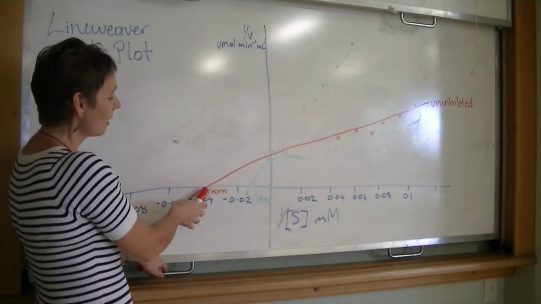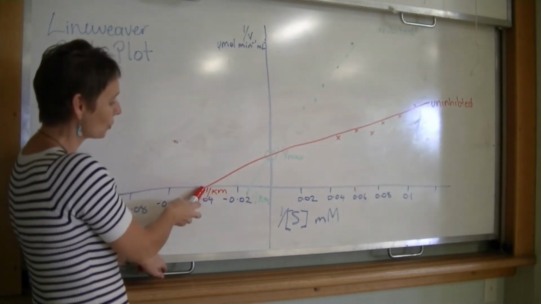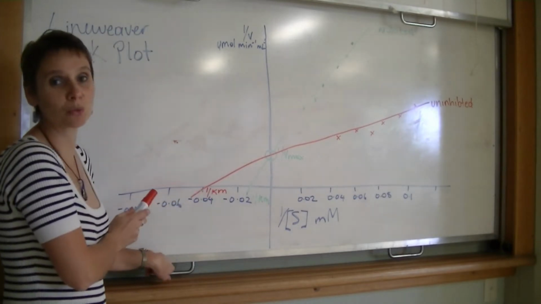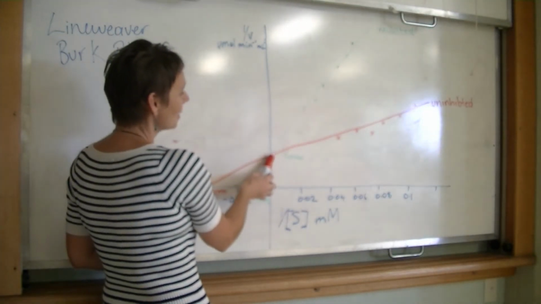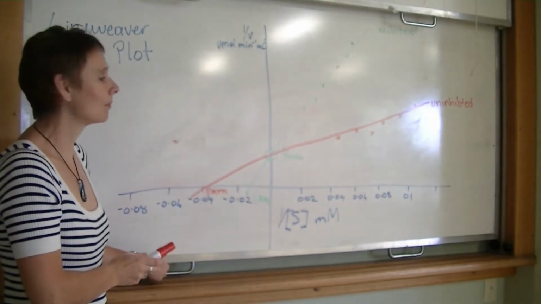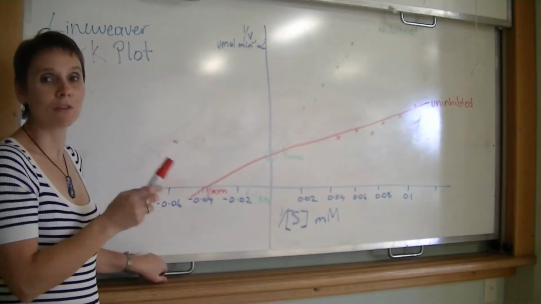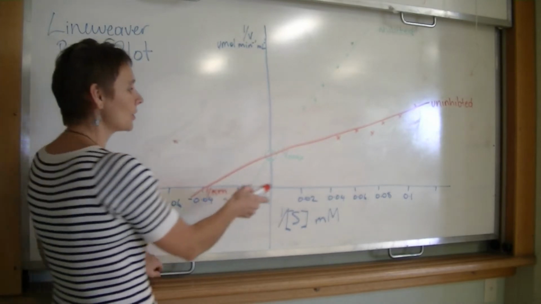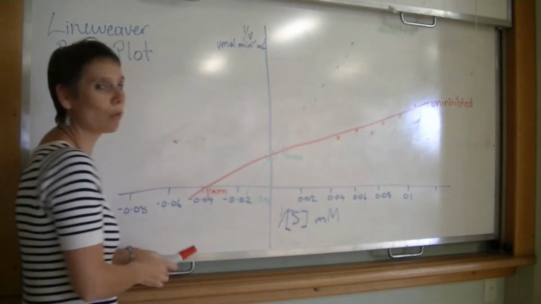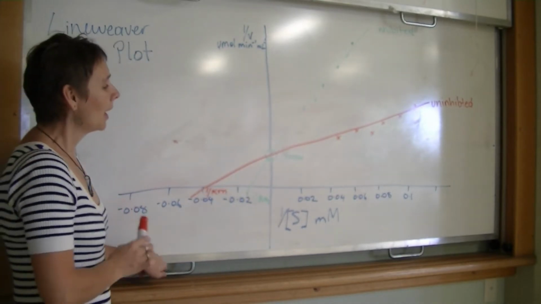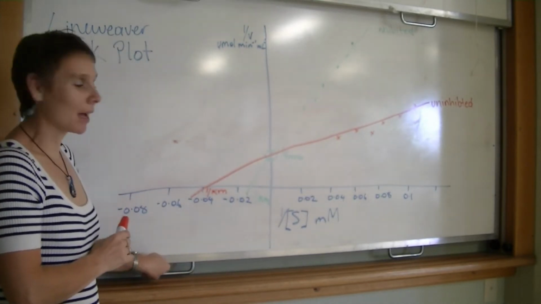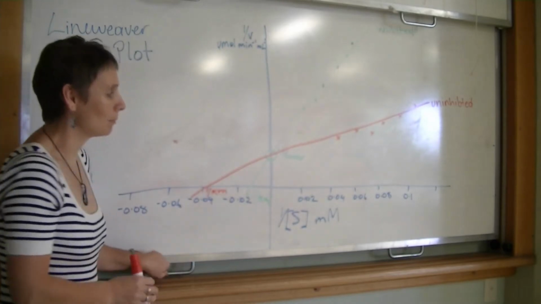So where our linear regression crosses the x-axis gives us 1 over Km, and where it crosses the y-axis gives us 1 over Vmax. To then calculate your Vmax and Km, you simply do this calculation, 1 divided by whatever that number happens to be, and that gives you your Vmax, and the same for your Km.